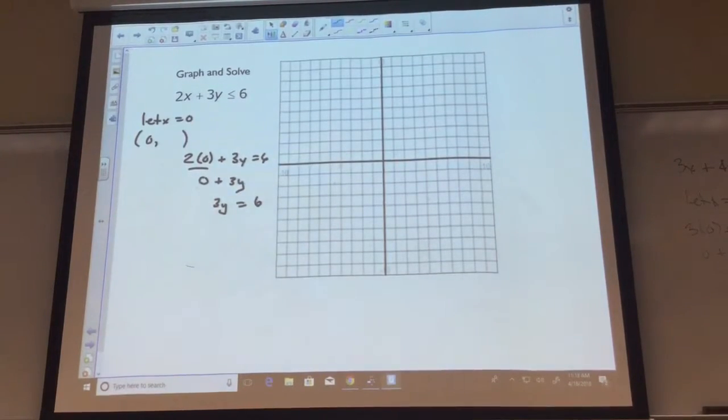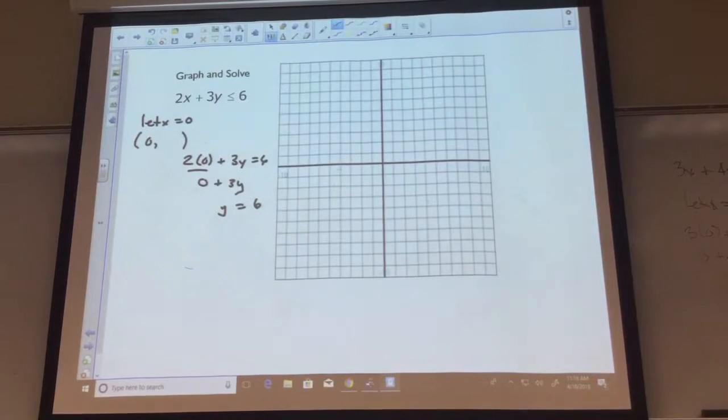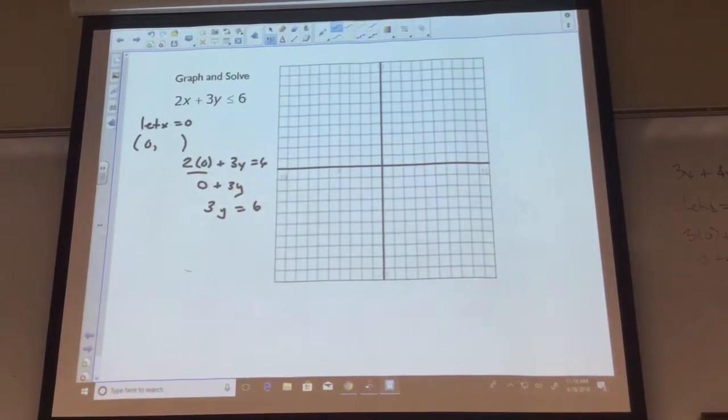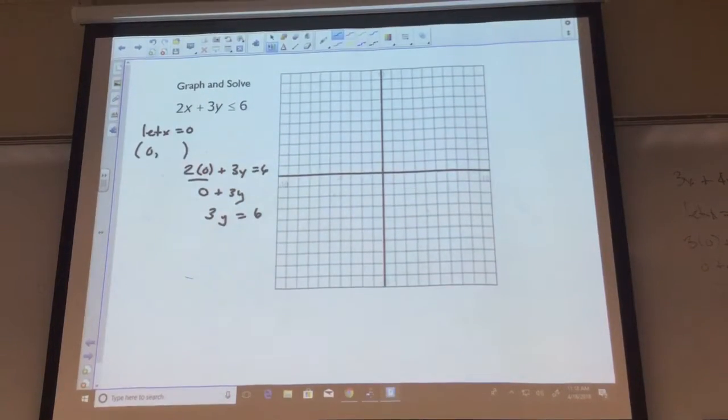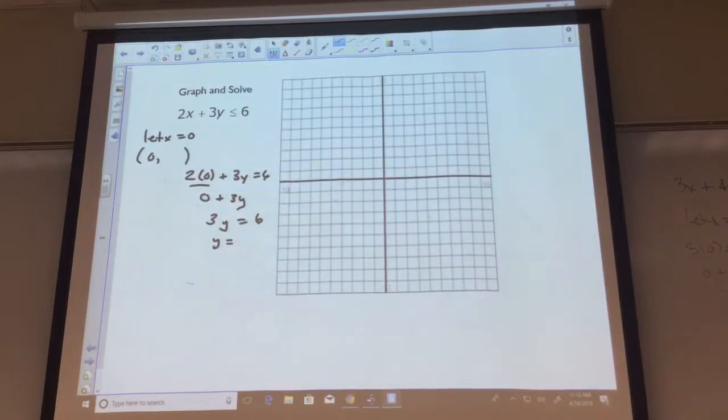So letting x equal 0 means all the emphasis is on y, and we can just cover it up and figure out what the y-intercept is pretty easily. The y value here would have to be 2. So (0, 2) is one of the points that we have to graph on our grid.